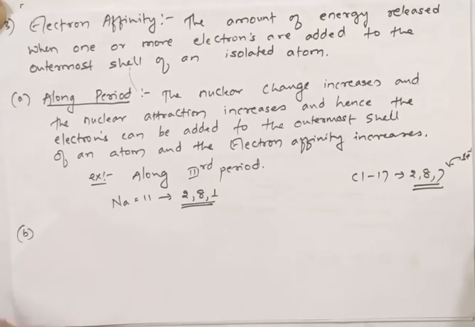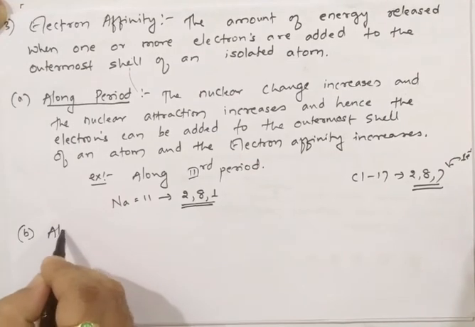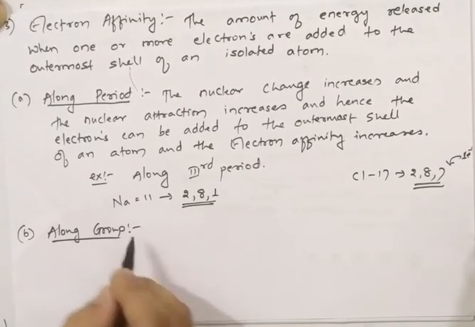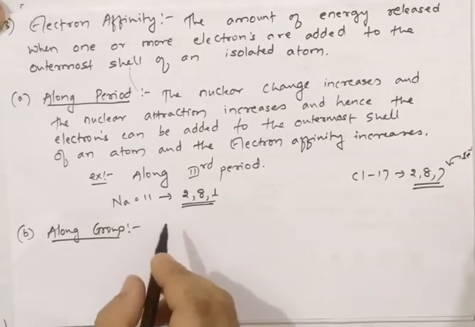Then B, along group, it is the reverse of that along period. What happens to the nuclear charge?